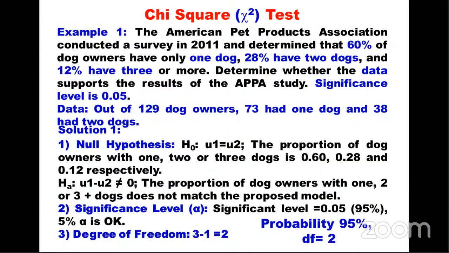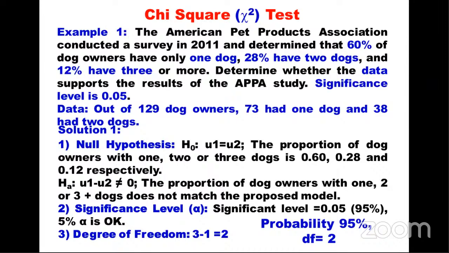An American Pet Products Association conducted a survey in 2011 and determined that 60% of dog owners have only one dog. One dog, how many people? 60%. Two dogs, 28% people. And three and more, 12% people.